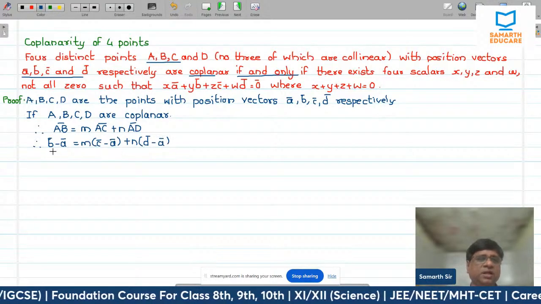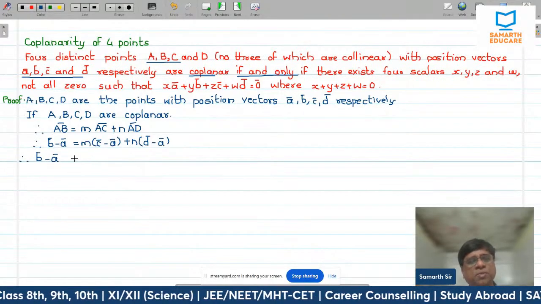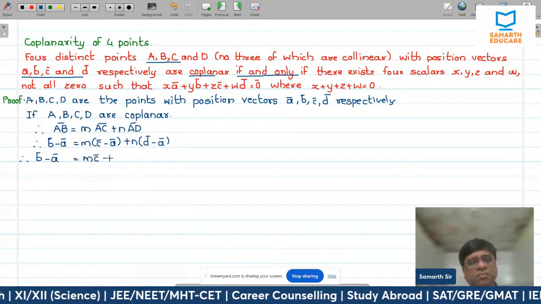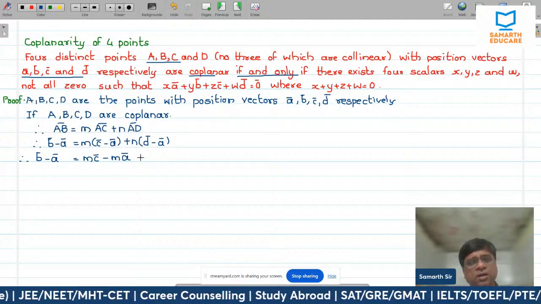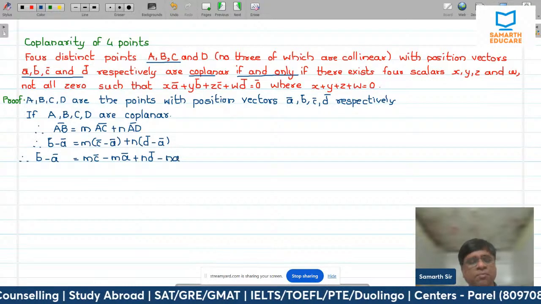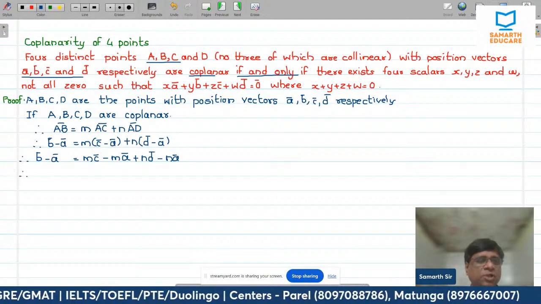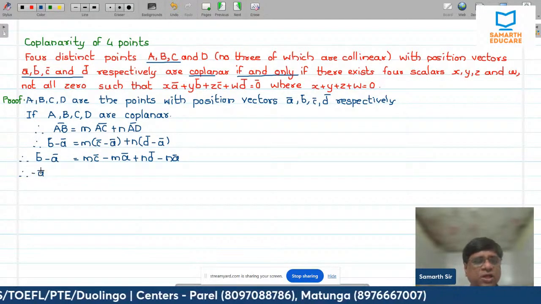Just like we did in the last theorem, again I'll open the brackets: m C bar minus m A bar plus n D bar minus n A bar. Once again, just like we did in the last theorem, take everything on one side.